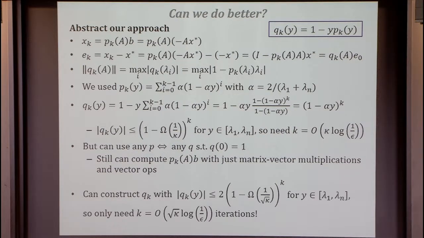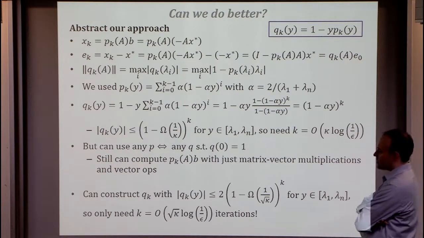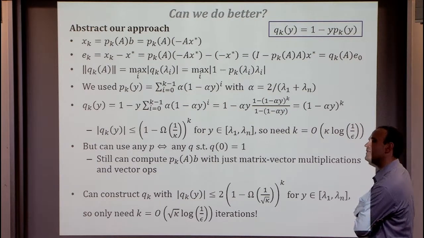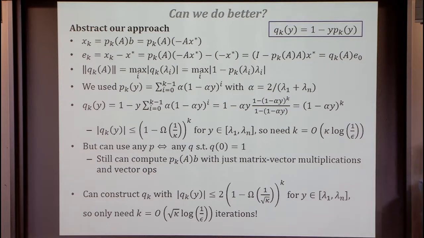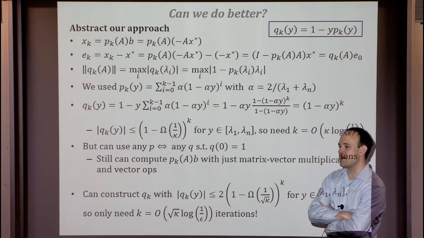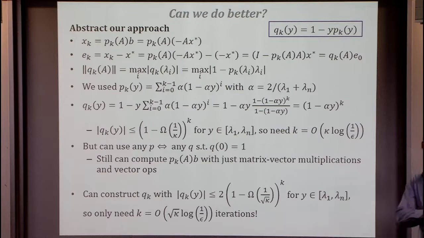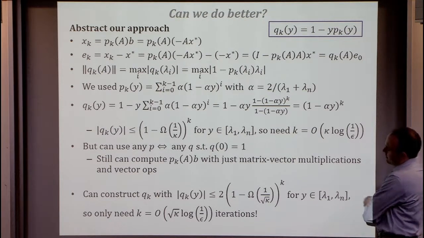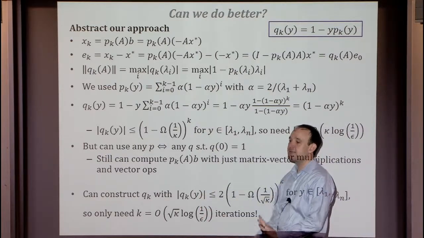Okay, so what I'm going to show you in the next couple slides, if you haven't seen it before, I think is kind of surprising, which is that the Taylor series is the wrong way to approximate a polynomial in this case and in many cases. We're going to show how to construct a polynomial q_k(y) that's vastly better in its asymptotics.